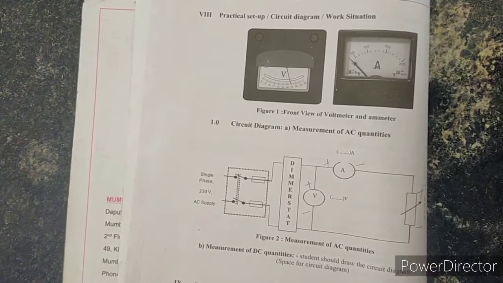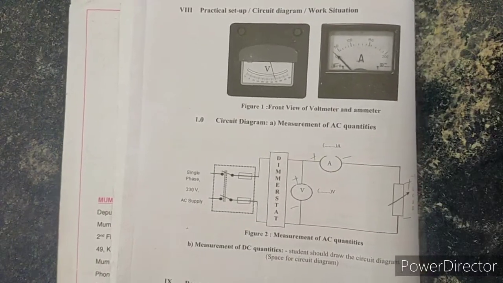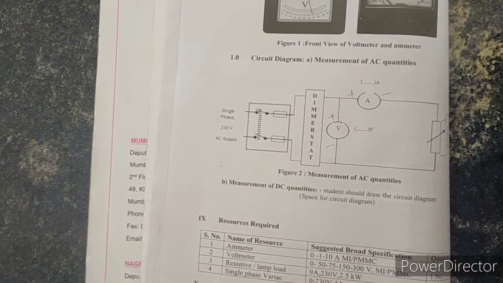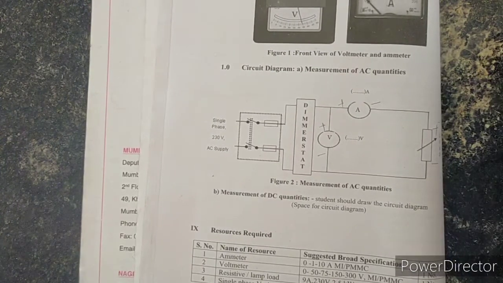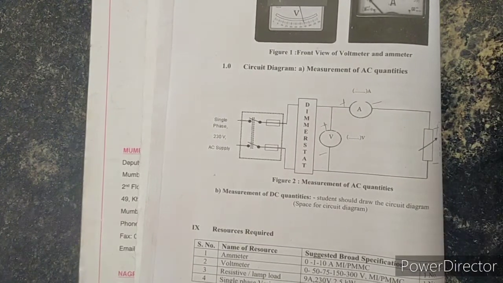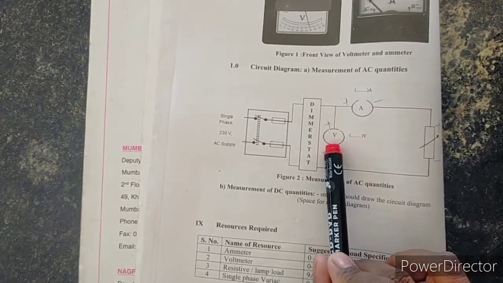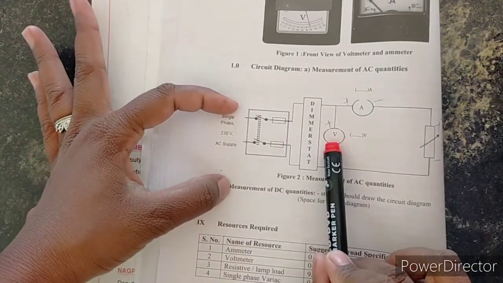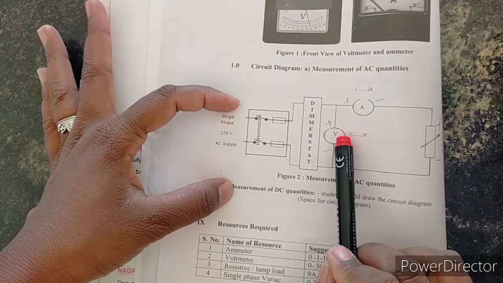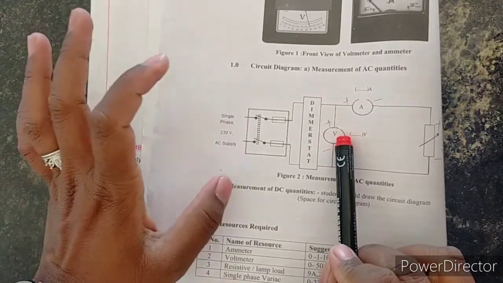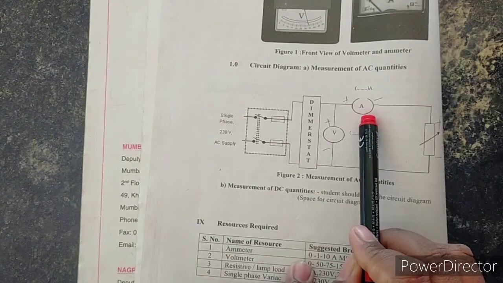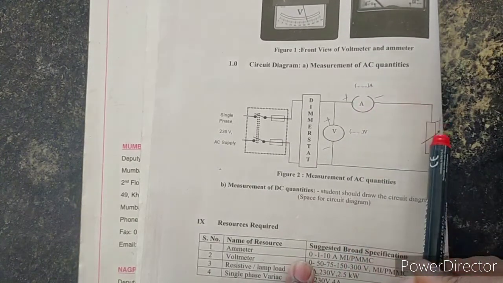Now we will see the actual practical diagram, the actual practical setup. The voltmeter is always connected in parallel to the supply voltage, and the ammeter is always connected in series with the load.